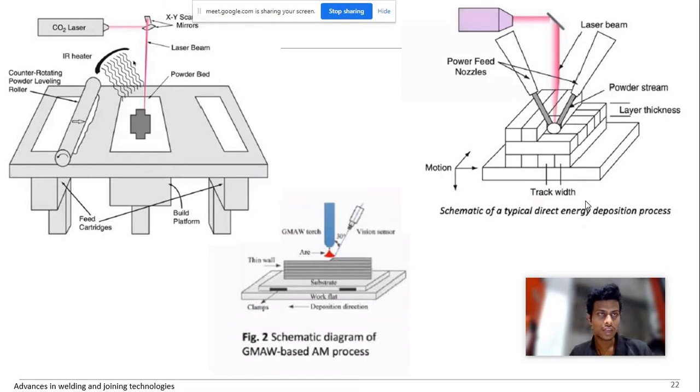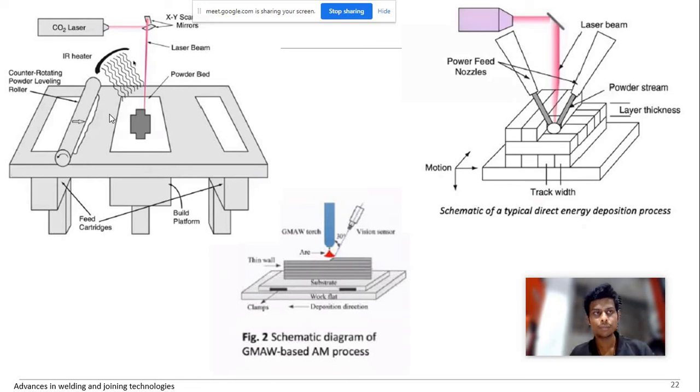In this slide we can see what I discussed in the last class. Here is the powder bed; based on the slice information we move the laser. Once one layer is done, the platform is moved downwards, and with the help of this rotating roller, fresh powder is spread over the build platform, which we brought down after one layer of deposition.